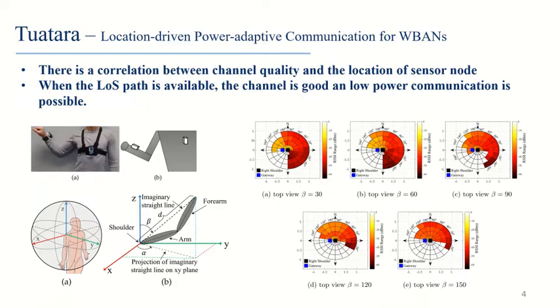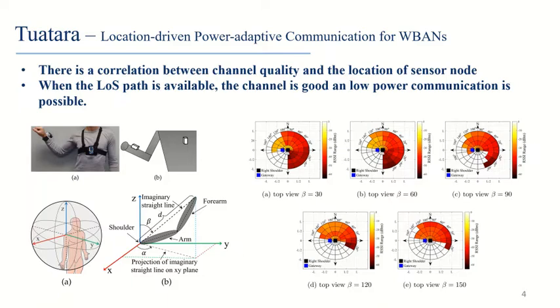That means if the sensor node knows the channel quality is good in that location, for example, the wrist is in front of the body, so the distance is a few centimeters and the line of sight path is available between the transmitter and the receiver, then the sensor node can reduce its signal power, choose a low transmit power and reliably deliver its packet, reduce its energy consumption, and potentially reduce its interference range.